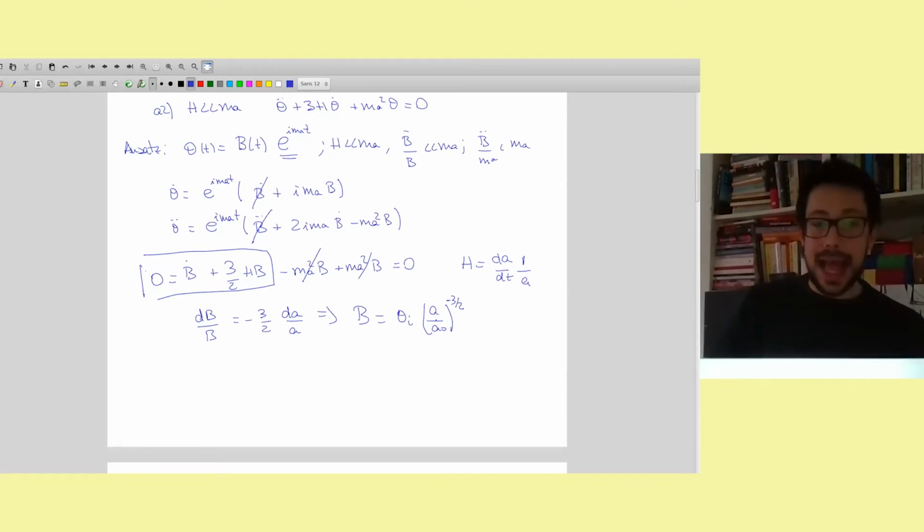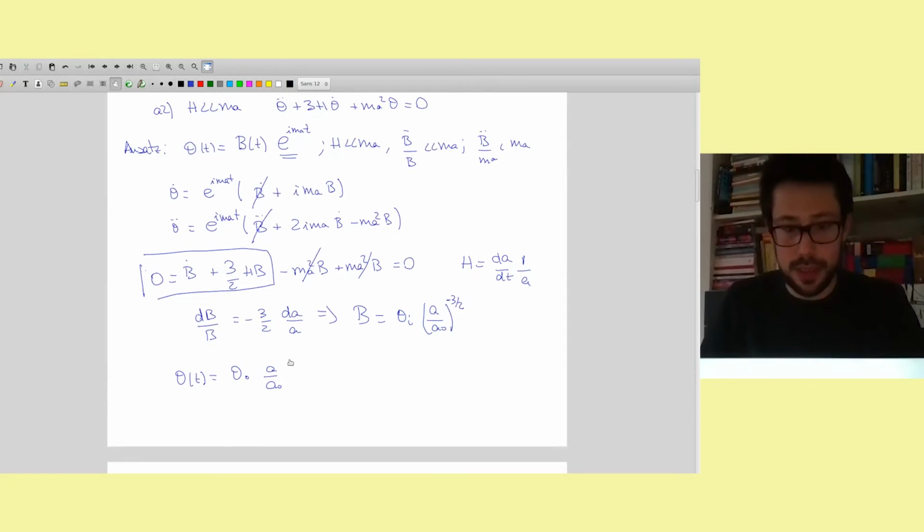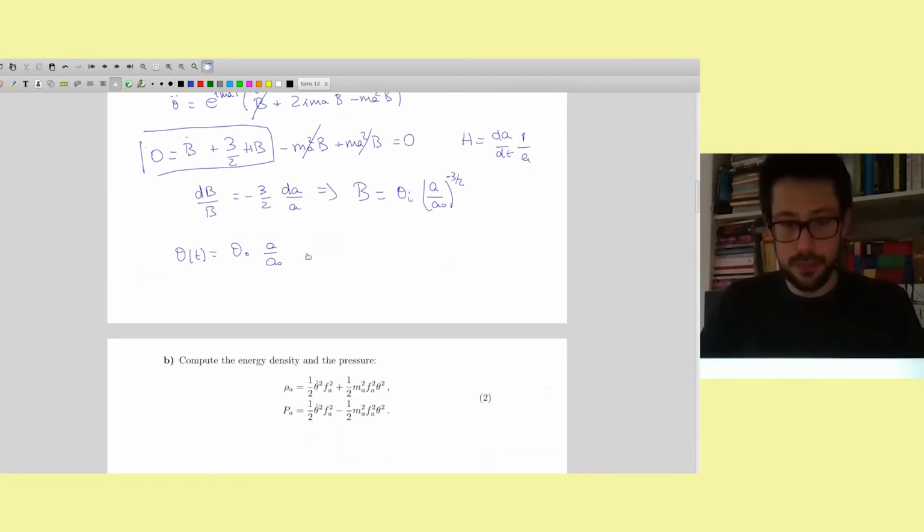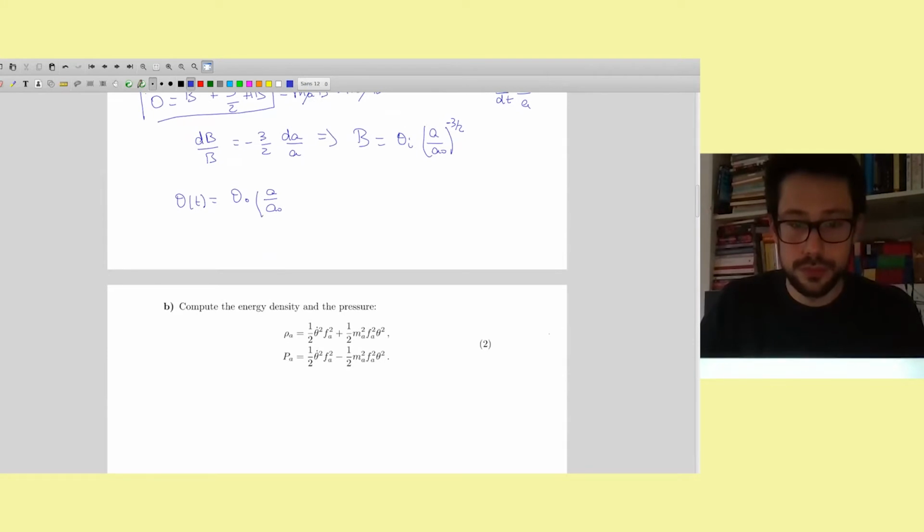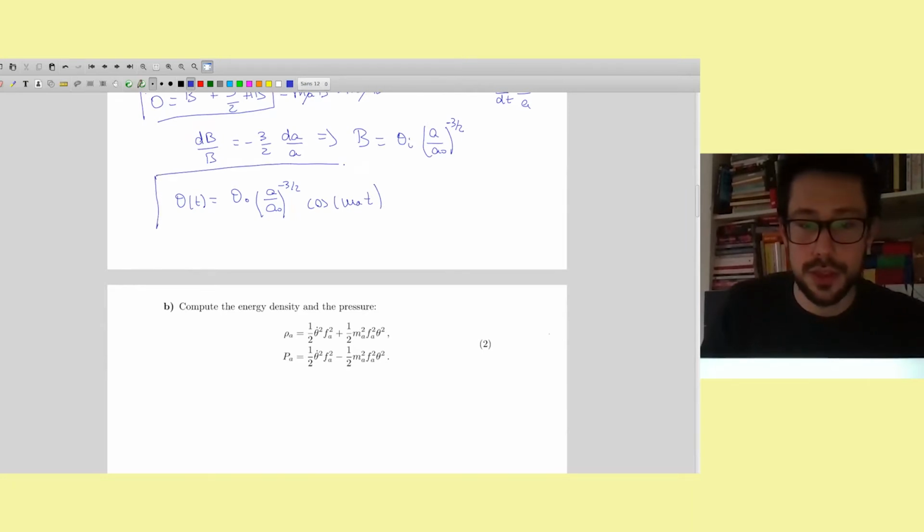And then if I put together this time-dependent amplitude with the oscillation, the final result is that the evolution of the axion field is going to be equal to theta 0, a over a0 to the minus 3/2 times cosine of m a t. Okay, so finally we have the solution of our equation of motion.